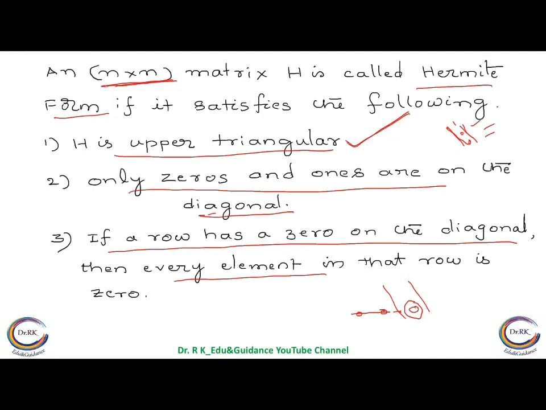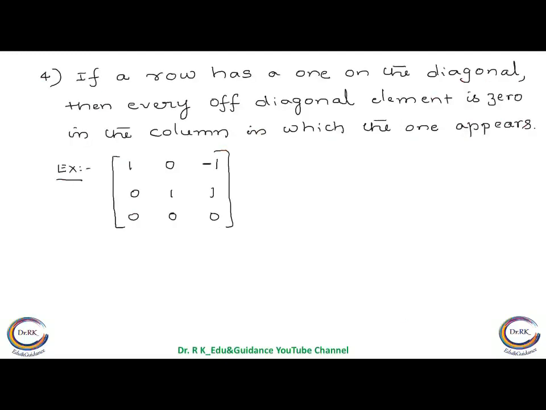Next property is, if a row has 1 on the diagonal, then every off diagonal element in that row is 0.